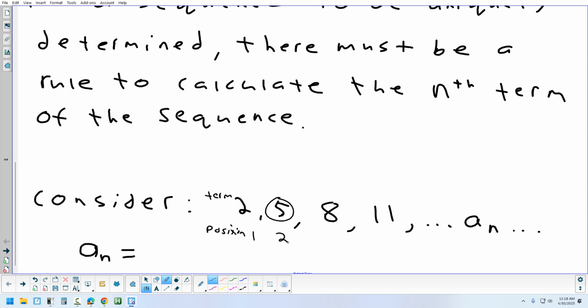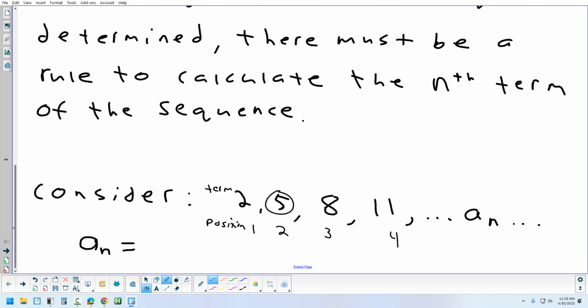First one, second one, third, fourth. That's what we're doing. So to get the second term, you added 3 to the one that came before it. How do you write, if this was our term, the one that comes before it? A sub n minus 1. Yes.